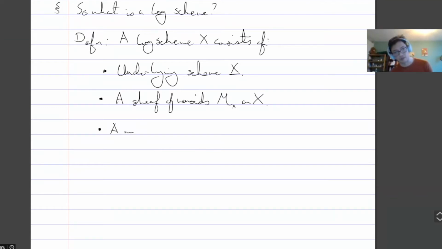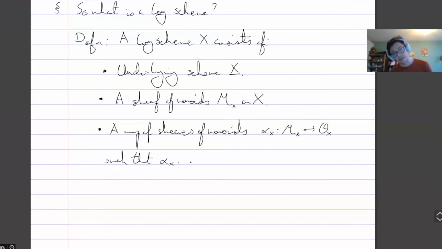And a map of sheaves of monoids, alpha x, goes from mx to ox, such that if I restrict this to the inverse image of the invertible elements inside ox, which then maps, of course, to ox, this should be an isomorphism.